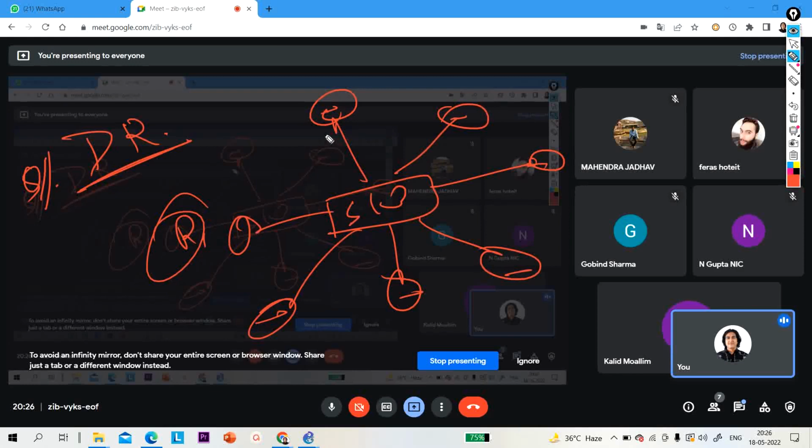To reduce the number of adjacencies, we elect one router as DR. Suppose this is my DR. Now this router will form full neighborship with DR only. There will be no adjacency between DROther and DROther. So to reduce the number of adjacencies in OSPF, we came up with the concept of DR and BDR. Fine.